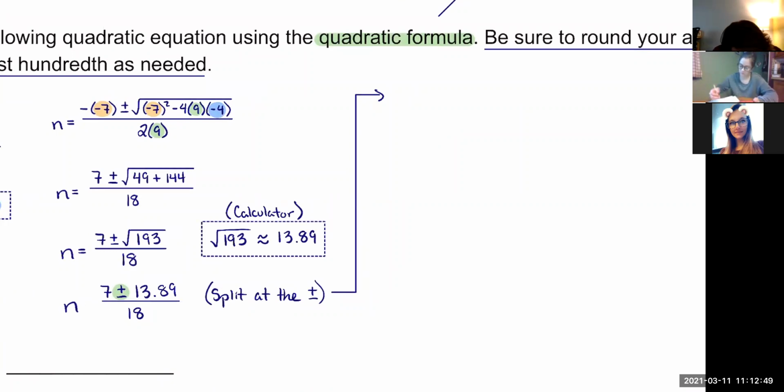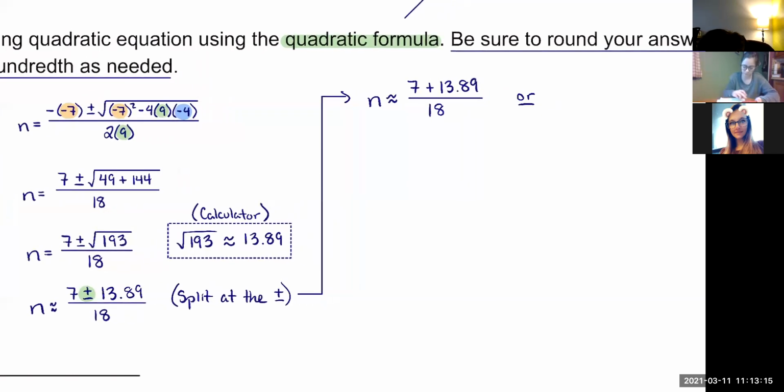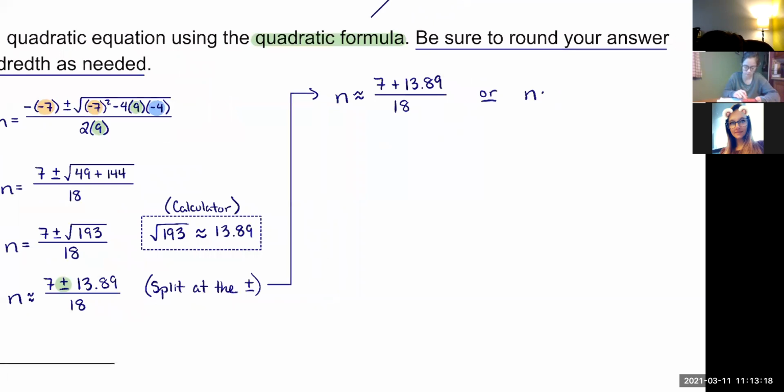I know it sounds like a technicality, but technically we're not dealing with an equal sign anymore, because as soon as we round, we're dealing with approximations. So n is approximately 7 plus 13.89 over 18, or n is approximately 7 minus 13.89 over 18.